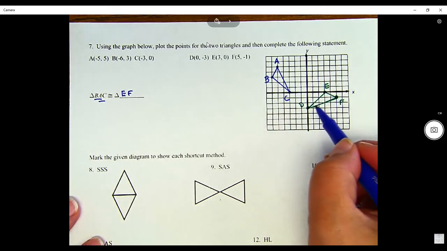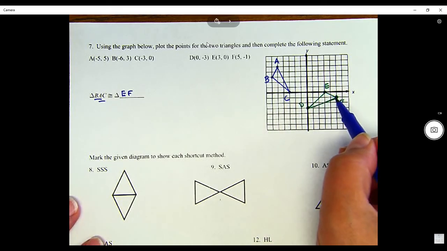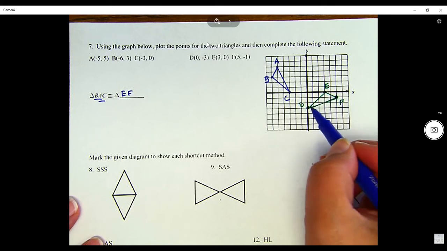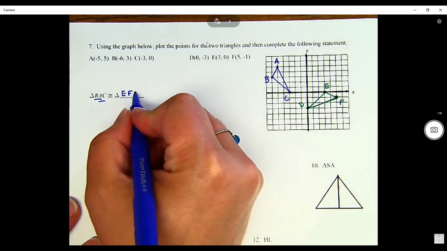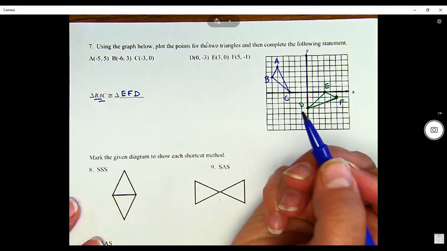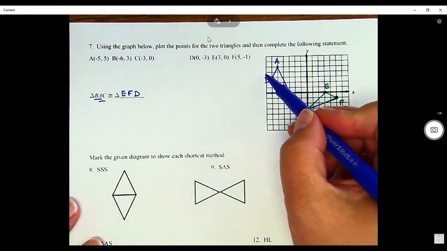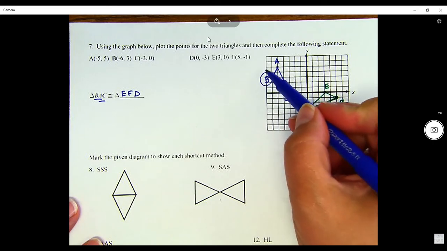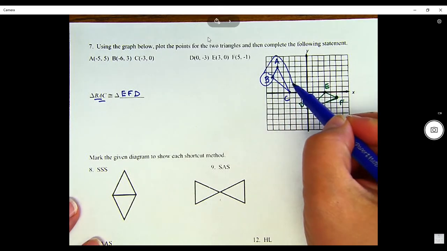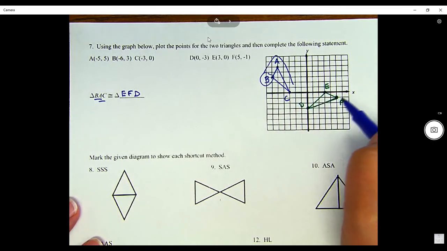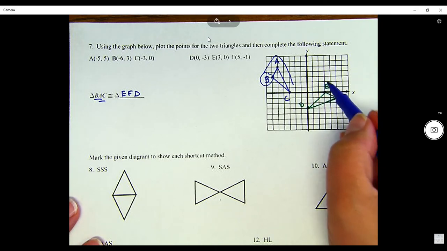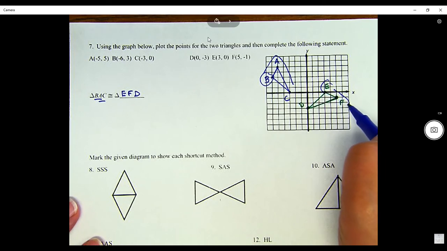And so the longest side of this triangle from F has got to be from F to D. All right, so if I followed that triangle around, I started with B and went to A and then to C, then I would be writing the same congruency statement by following this from E to F to D.